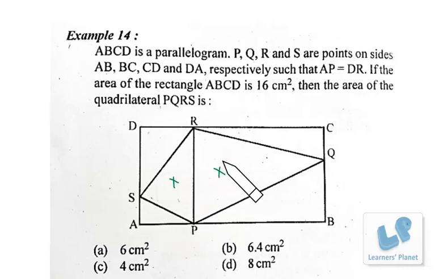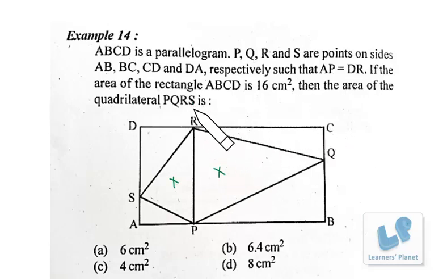Now, as I explained in the previous question, in this case also, if you see PRCB, this is a rectangle, and in this we have a triangle inside, that is RQP, that shares the base. So PR is common between the rectangle and this triangle, right? And the height of this triangle is the same as the length of this rectangle.